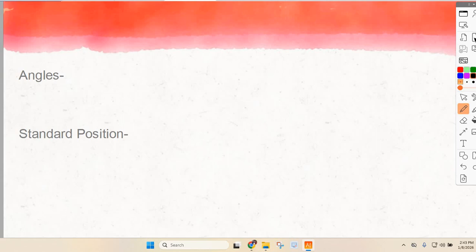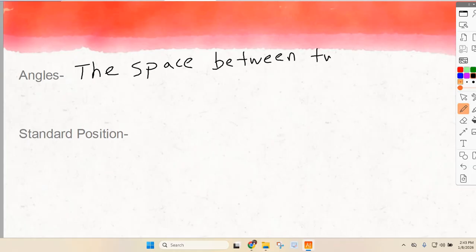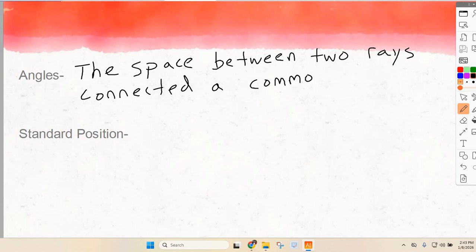So, in general, remember that an angle is going to be the space between 2 rays connected at a common endpoint, which we also will call our vertex sometimes.